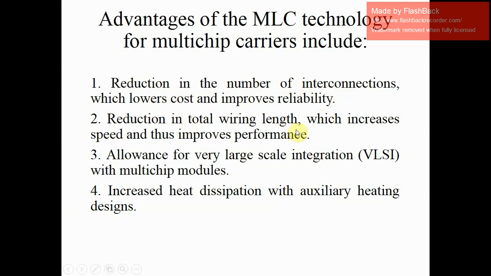Reduction in total wiring length increases speed and thus improves performance. It allows for very large scale integration, also known as VLSI technology. Nowadays a lot of research is going on VLSI with multi-chip modules. Also increased heat dissipation with auxiliary heating designs. So these are some advantages of multi-chip carriers.